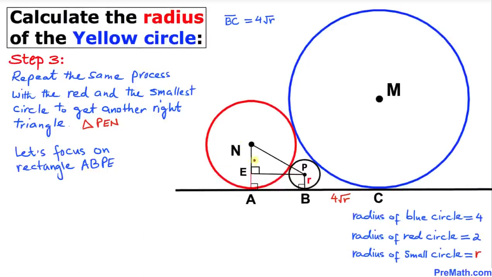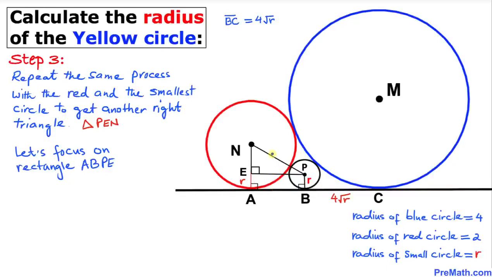Now let's focus on this rectangle ABPE. We can see that if this side is R, then this EA side is going to be R as well, and these sides are also the same in length.